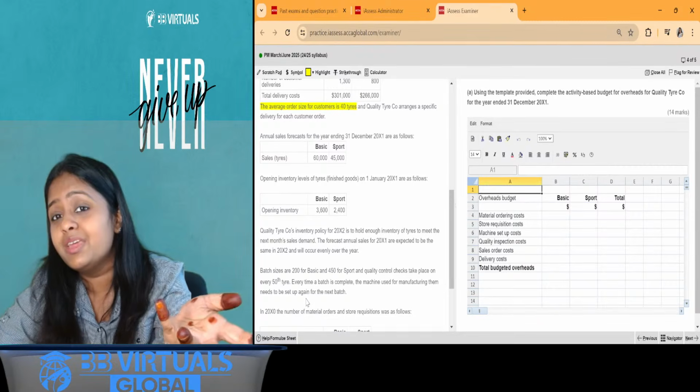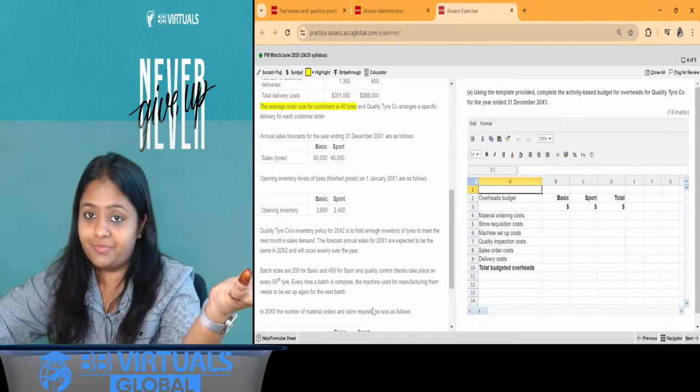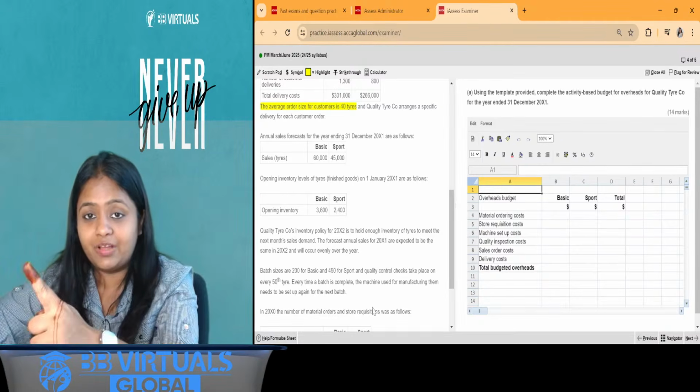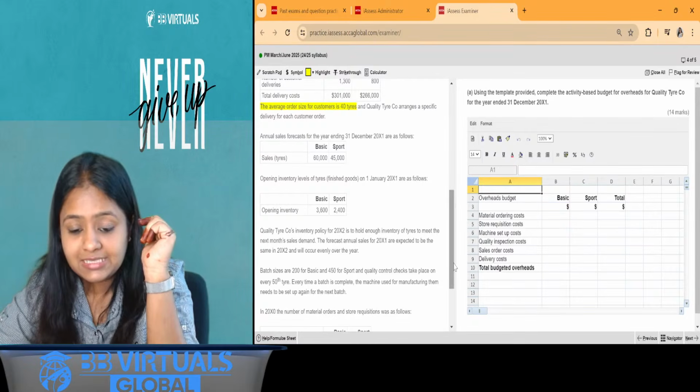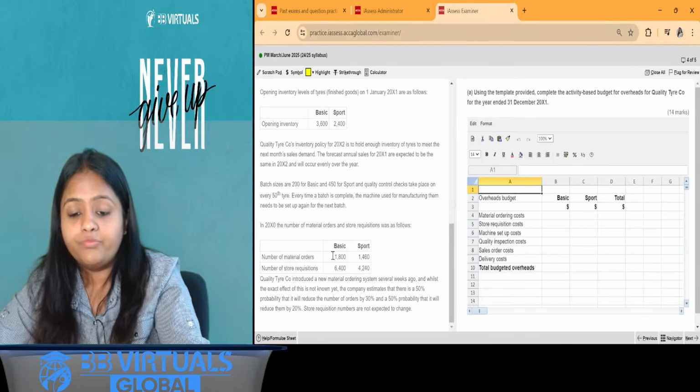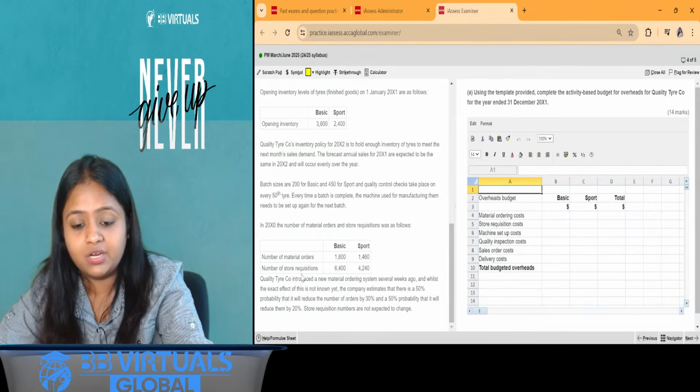What does this mean? The number of batches and the number of setups are the same. Correct? Every batch complete, one setup. In 20x0, the number of material orders and the store requisitions are as follows. This is clearly given to you. Material orders and store requisitions.